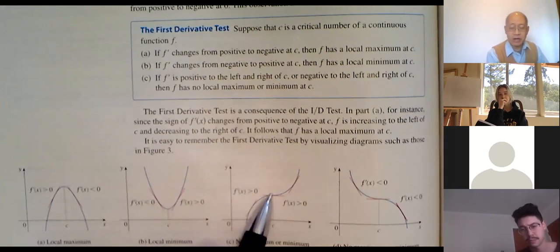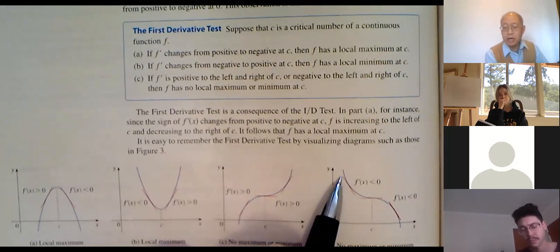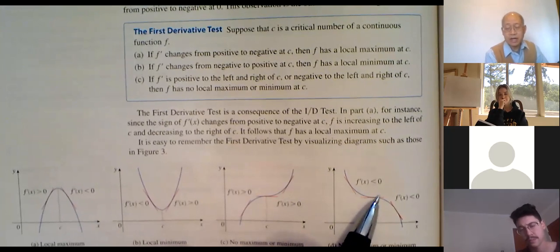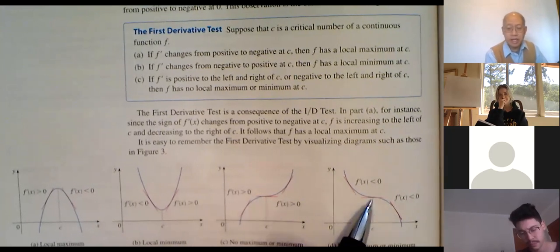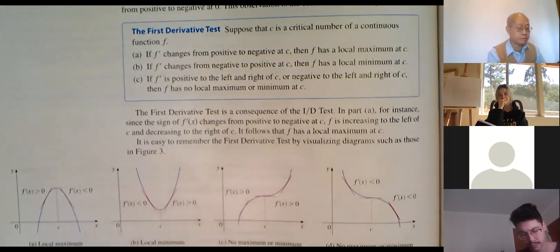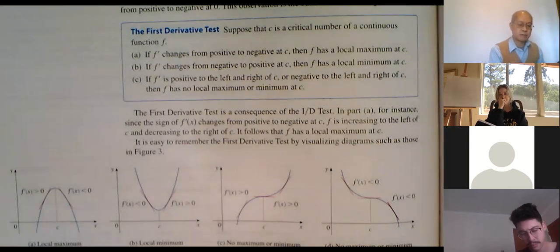Well, that's not counted as a maximum nor a minimum. And likewise on a roller coaster or when you're driving, you go down and then you level off, maybe at an intersection, and then you go back down. So this can't be counted as a maximum nor minimum because there are points that are higher and points that are lower. So that's the first derivative test.